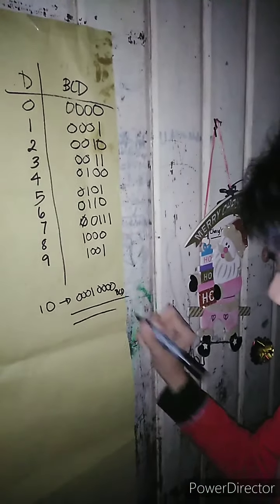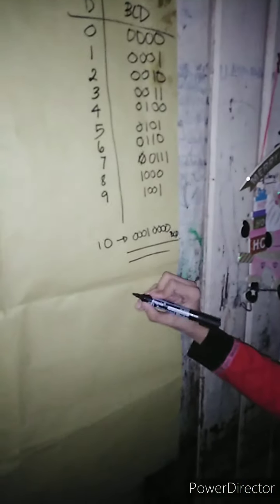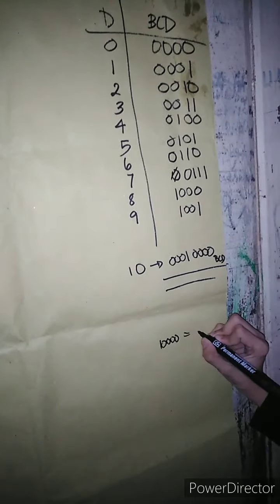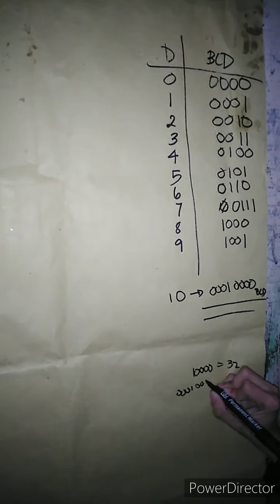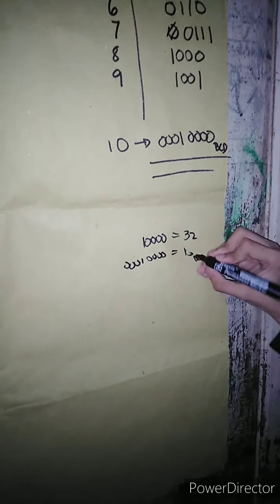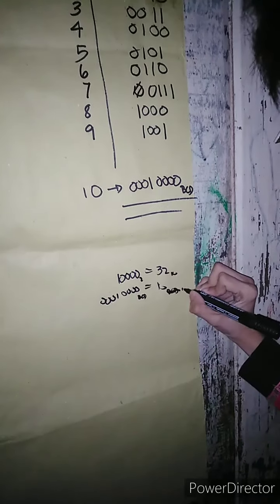BCD is obviously different to binary, because in binary we all know that the value of this number 1, 0, 0, 0, 0 is 32, but in BCD it is 0, 0, 0, 1, 0, 0, 0, 0, which is 10. BCD, base 2, base 10. Obviously, a large difference.